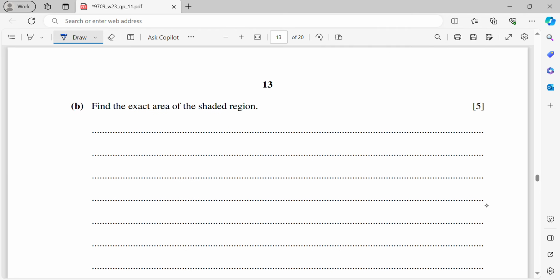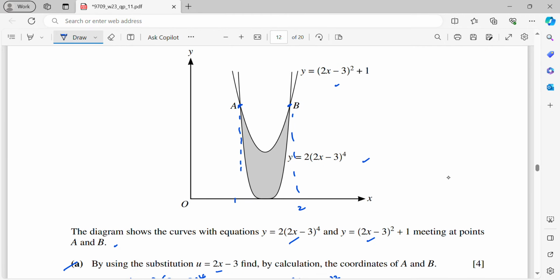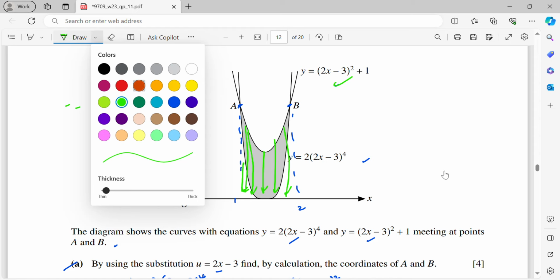Okay, now part B, find the exact area of the shaded region. So for the shaded region, let's look at the diagram. Obviously, this is the region under the upper graph, minus the area under the lower graph.